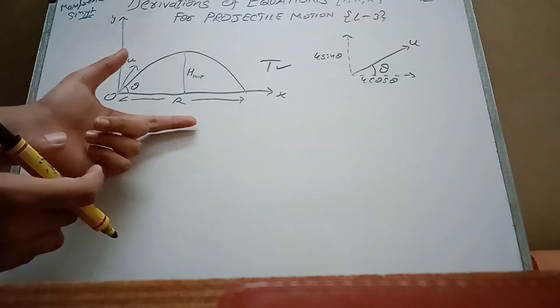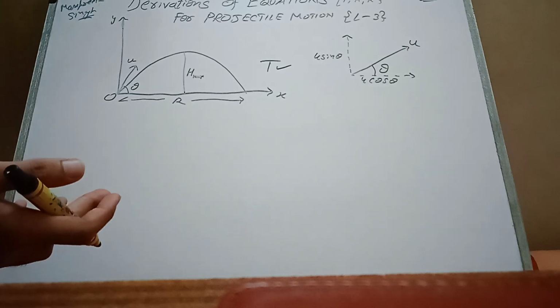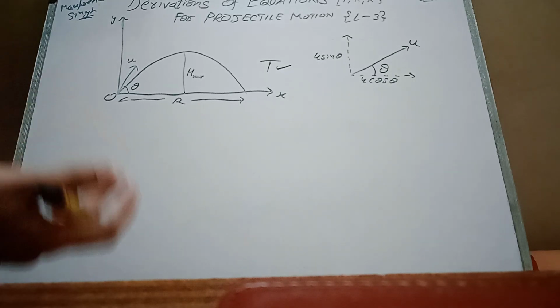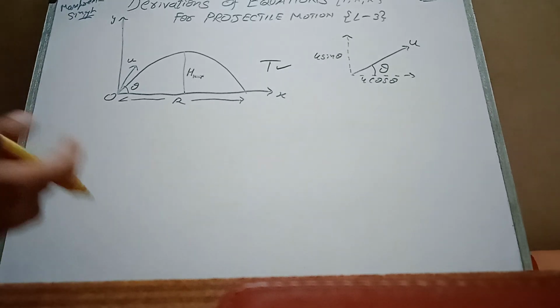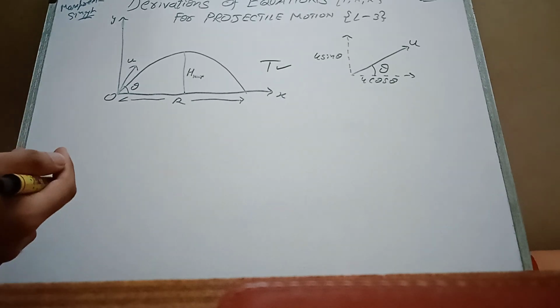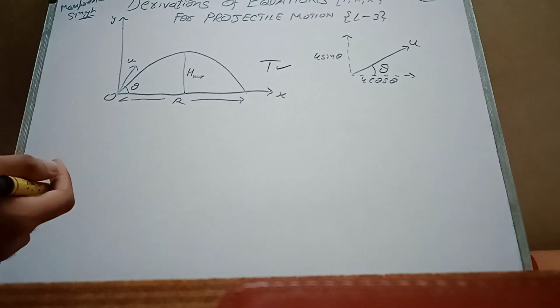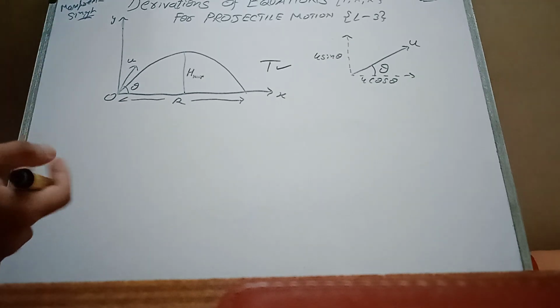You can also take the horizontal, because the time is the same. Whether you take horizontal or vertical, no matter what you take, the time is the same. But I prefer that you take the vertical motion.